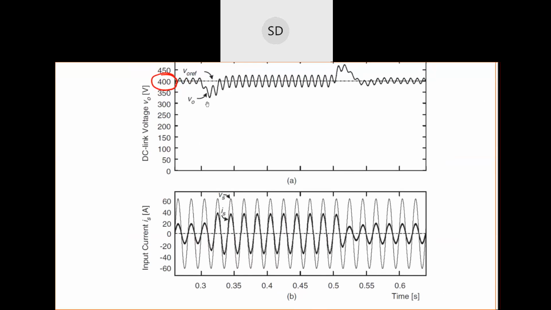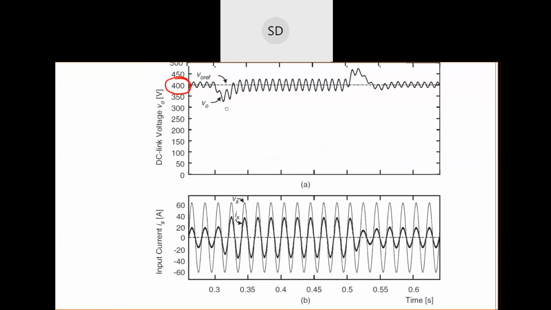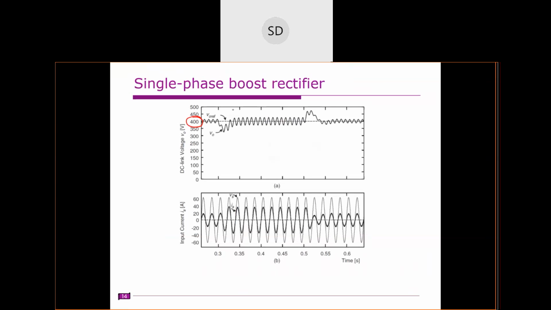At a particular time, we are trying to increase the current.